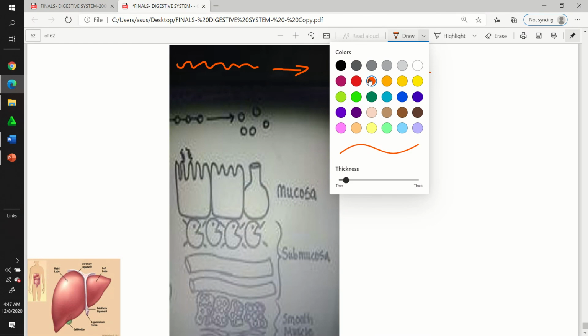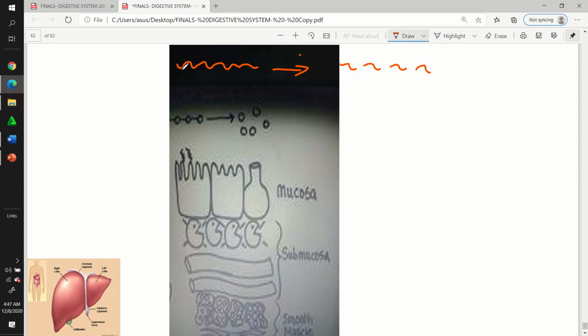So, this is meant to represent your lipid. And how to break down your fat into individual fatty acids, the enzyme responsible is called, again, yes, very good, that is your lipase.